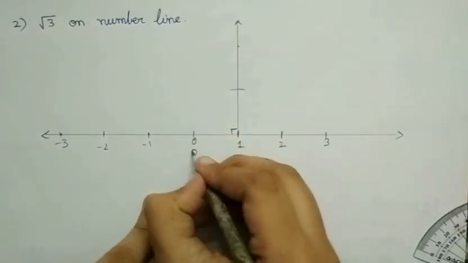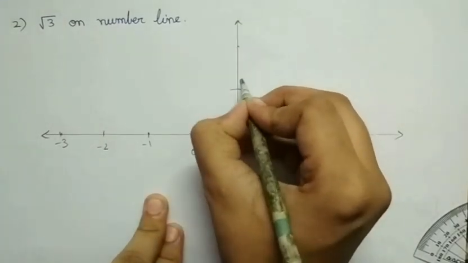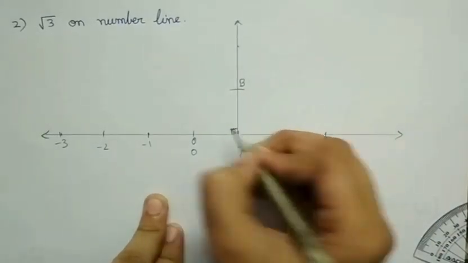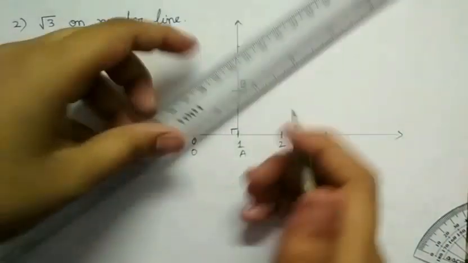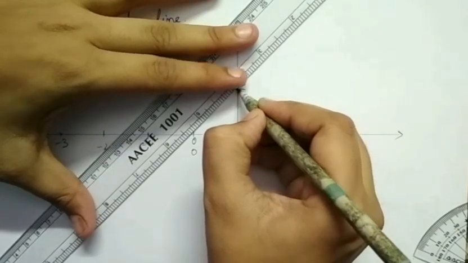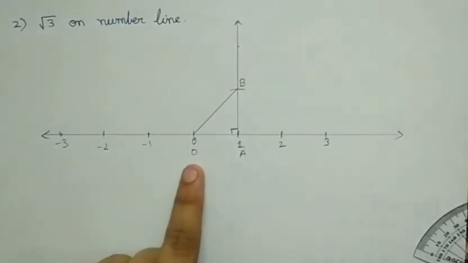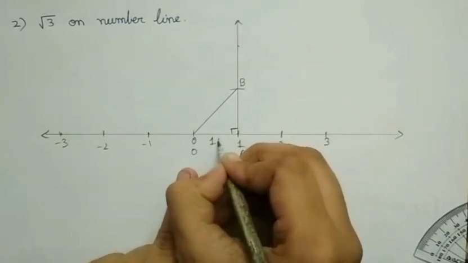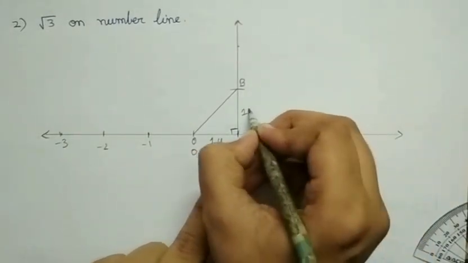Let's point this as O, A and B. Now, join OB. Now, in the triangle OAB, OA is 1 unit, OB is 1 unit.